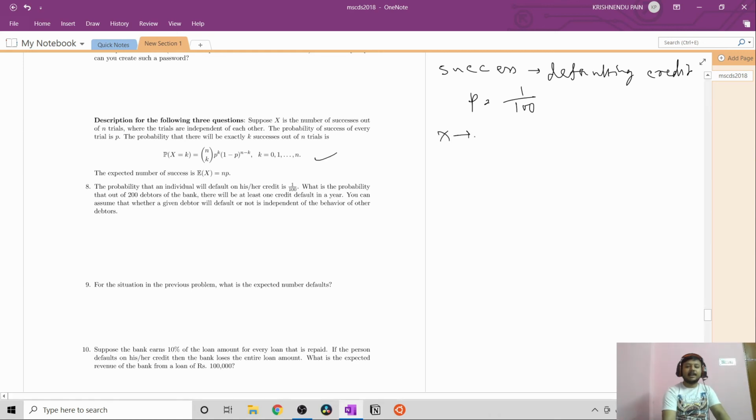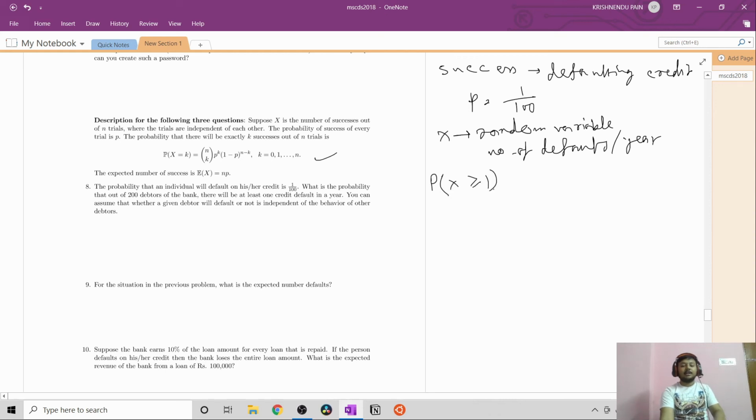X is the random variable which denotes the number of defaults per year. So we have to find the probability of X greater than or equal to 1. That means that there is at least one credit default in a year. So we can write this as 1 minus probability of X equal to 0.